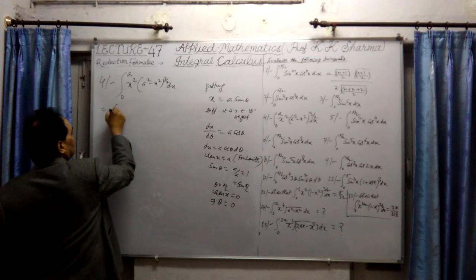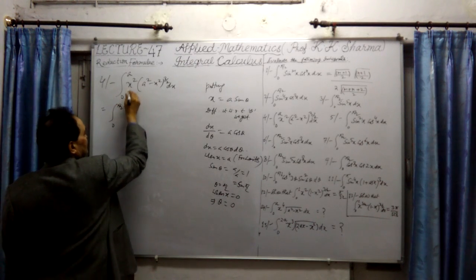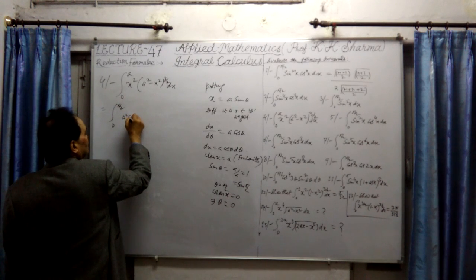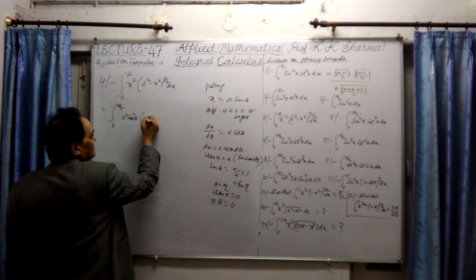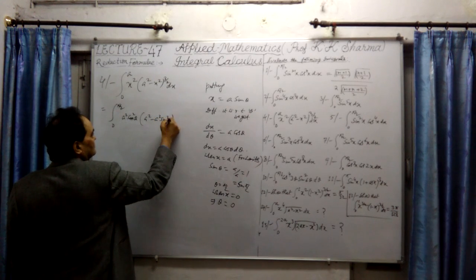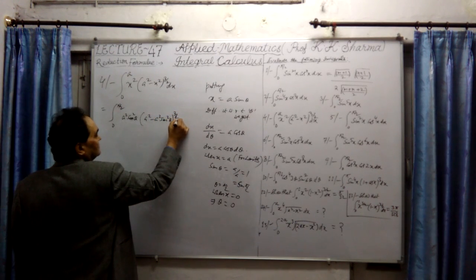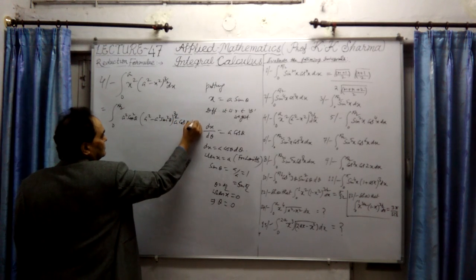So now let me substitute the limit 0 to pi by 2. Here x is a square sin square theta. From the bracket we will get a square minus a square sin square theta, whole 3 by 2. Dx is a cos theta d theta.